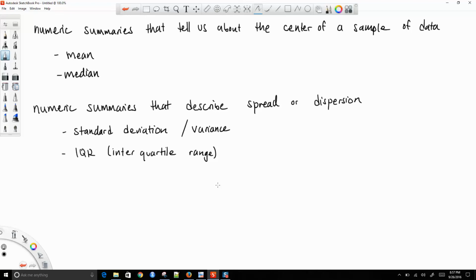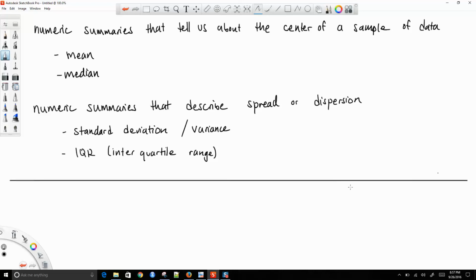Our textbook makes a point of distinguishing between numeric summaries that are useful for skewed data versus symmetric data. The truth is these numeric summaries, or sample statistics, all four of them, can be calculated for any sample of numeric data.